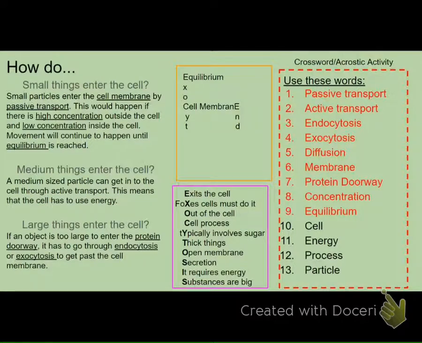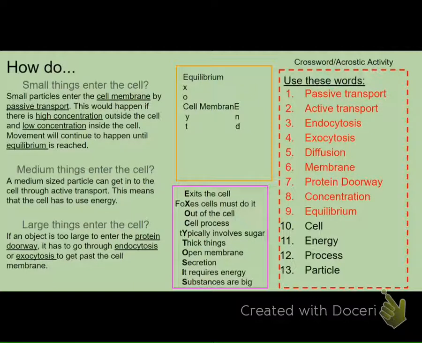And so here's an example of what I wrote. Here's a couple things you can do. Small things enter the cell. What are some ways that small things enter the cell? And that's what you need to answer there. What are some ways that medium things enter the cell? And you're using vocab. You're using this vocab over here on the right, the red stuff on the right. What are ways that things enter the cell?